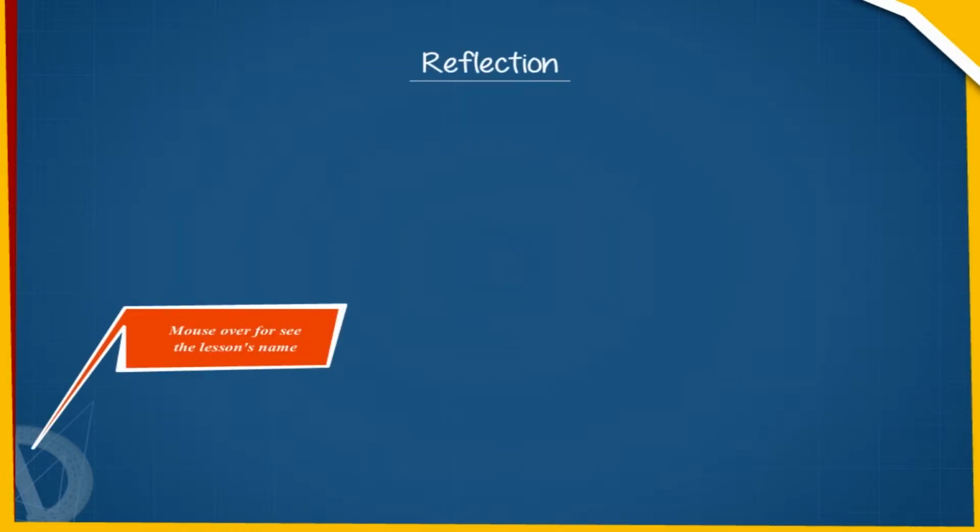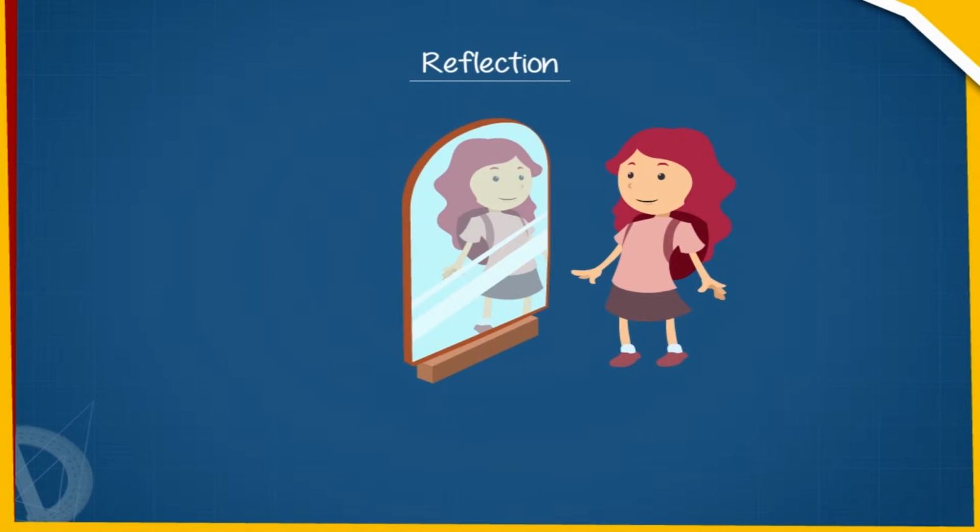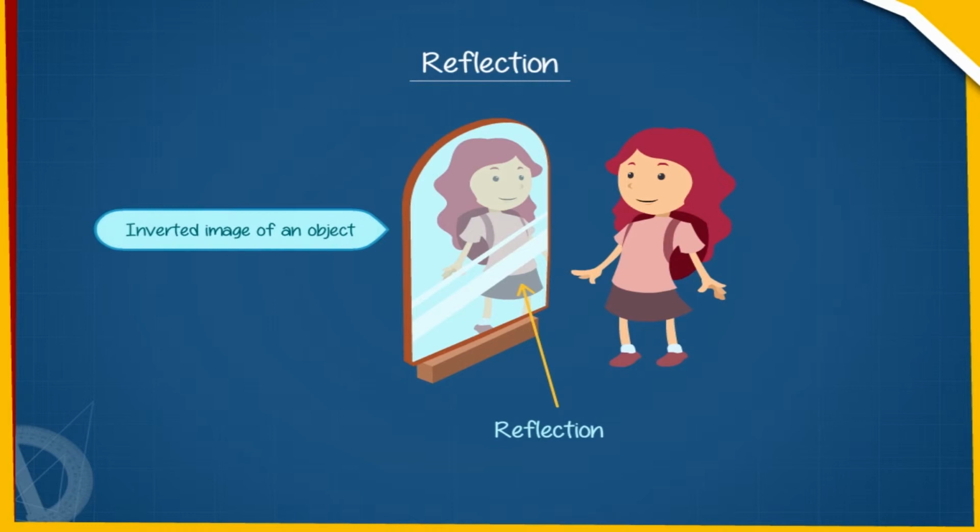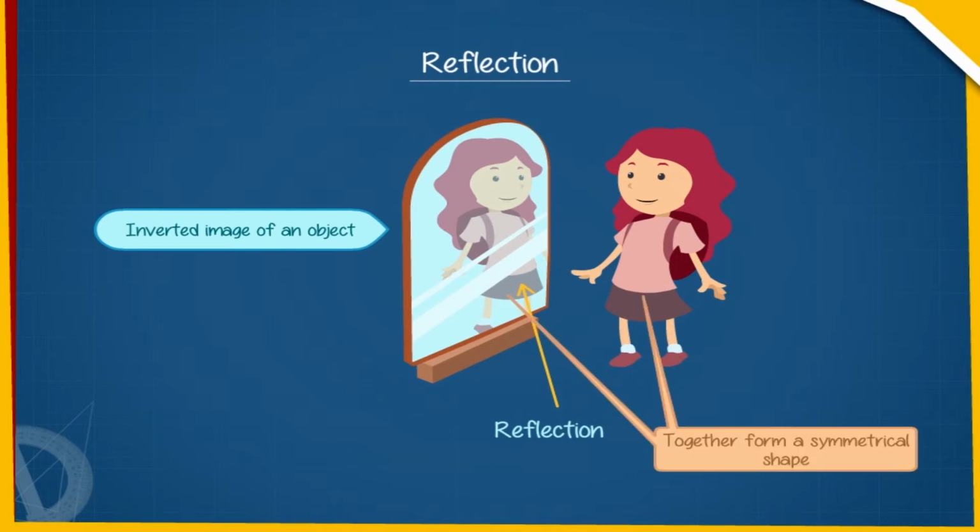Reflection. When you look in a mirror, you see your inverted image in the mirror. This image is your reflection in the mirror. Reflection is the laterally inverted image of an object in the mirror. The object and its image together form a symmetrical shape, and the mirror line is the line or axis of symmetry.